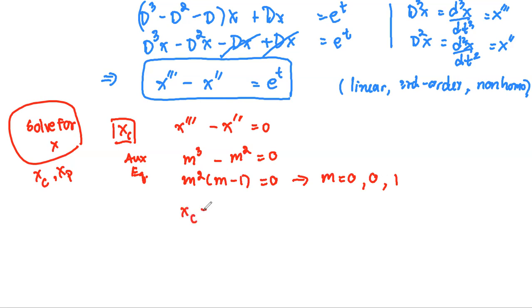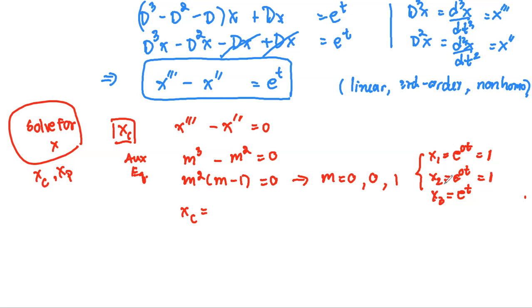Therefore, xc, the complementary solution, would be the linear combination of x1, which would be e to the power 0t, x2 would be e to the power 0t. Actually, this is 1 and this is also 1, and x3 would be e to the first power times t, e to the t.